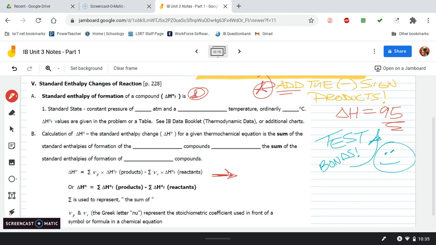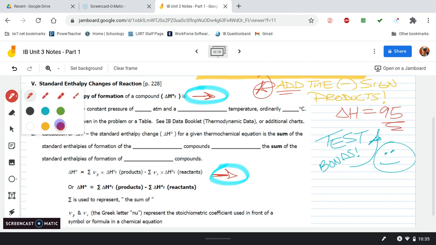So there you go, I'll put the definition right there, and I'll do an arrow here so you can see what's going where.